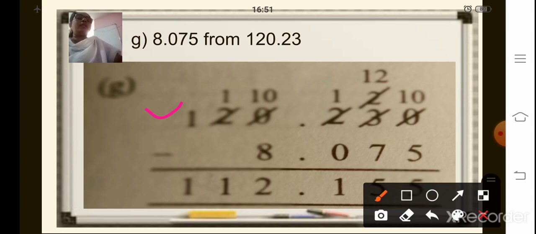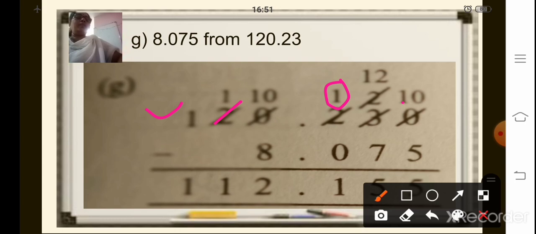Now from 0 you cannot subtract 5. So you will borrow from 3, that will become 2 and the number will become 10. Now 10 minus 5 is 5. Now from 2 you cannot subtract 7. So you will borrow from this 2, that will become 1 and this number will become 12. Now 12 minus 7 is again 5. And 1 minus 0 is 1. Now here from 0 you cannot subtract 8.